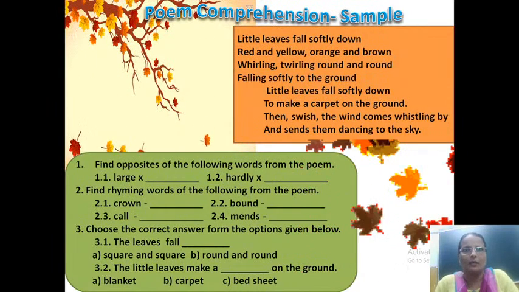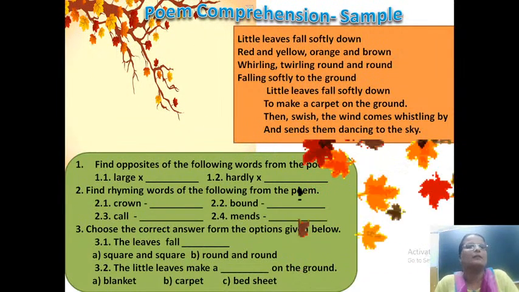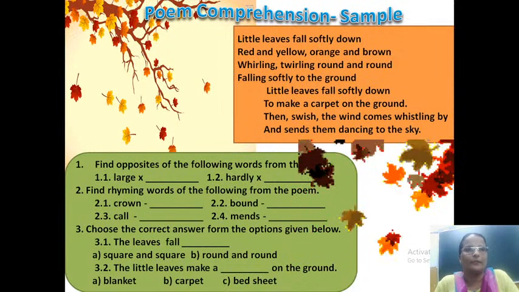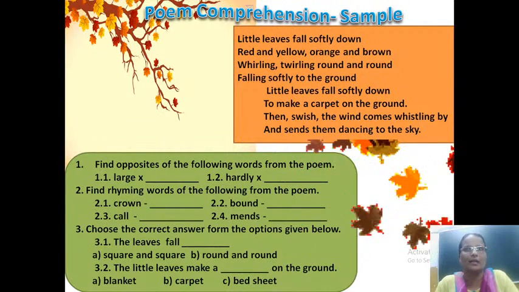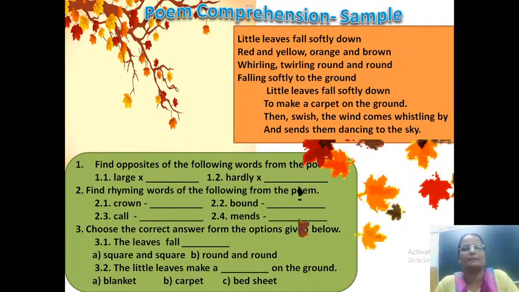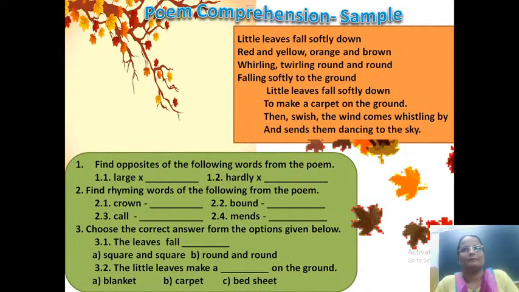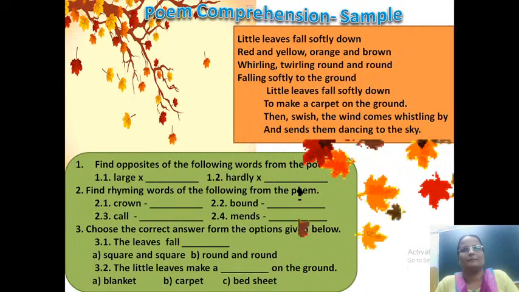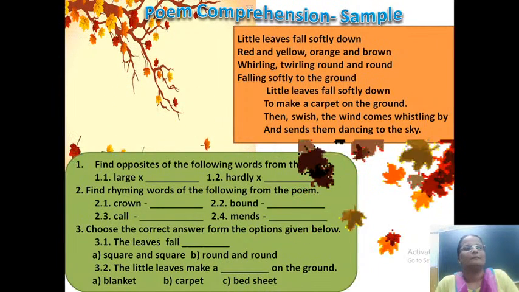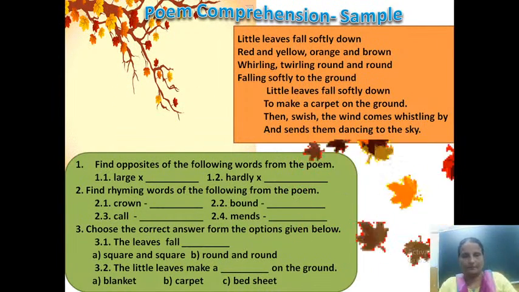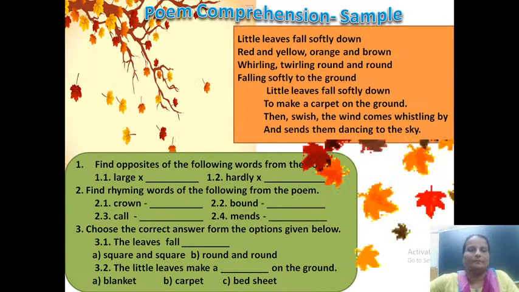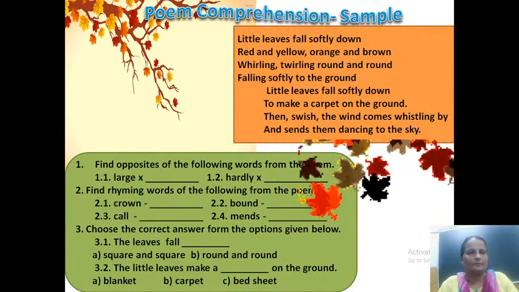The leaves fall square and square, round and round. A is square and square, B is round and round. What is correct? Okay.